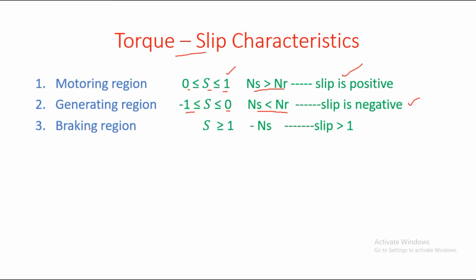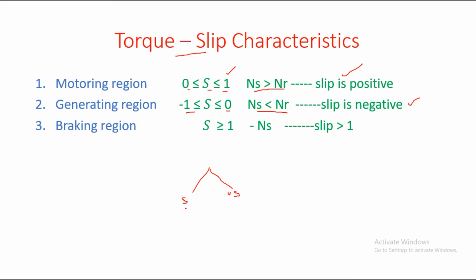And in both the motor as well as the generator we have further regions of operation, in which we have two regions of operation. One we can say is a stable and another one an unstable region of operation.